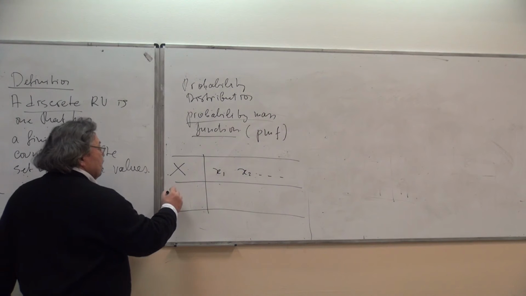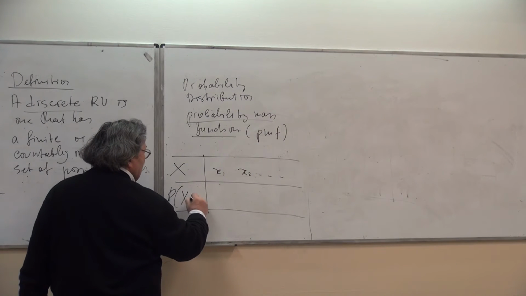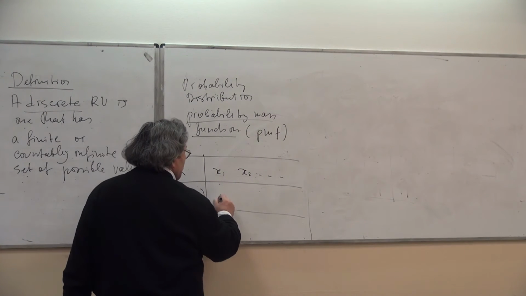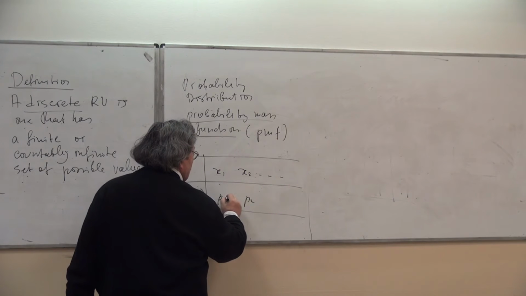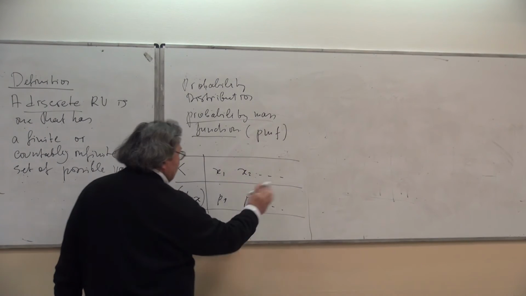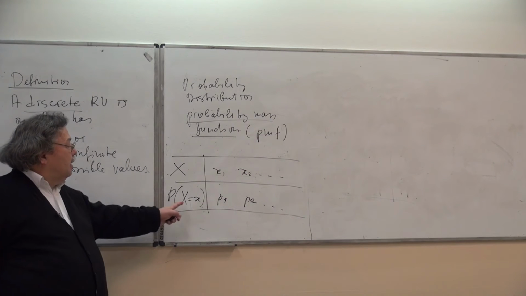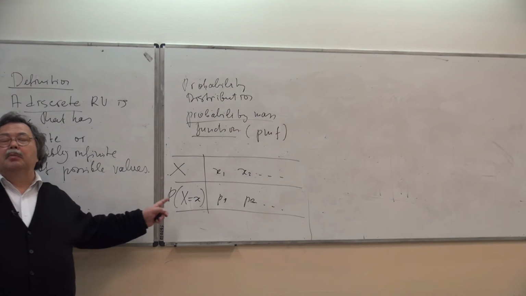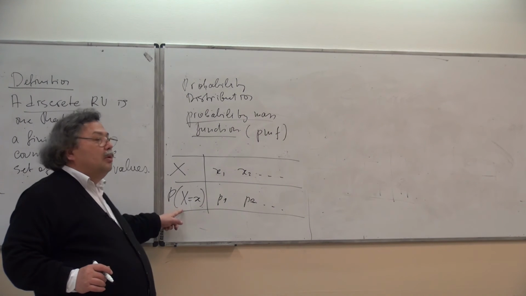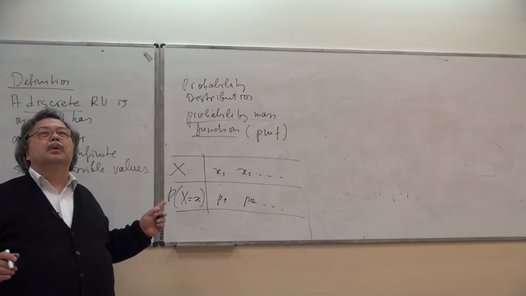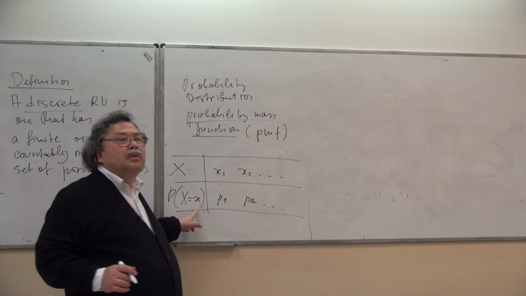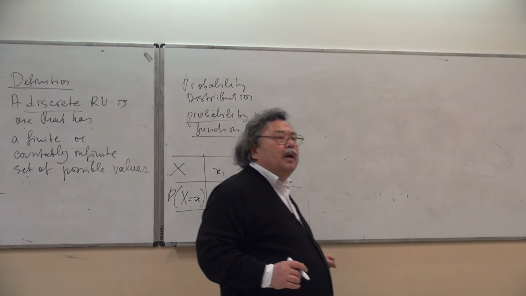And the second row gives us probabilities. By the way, there is a convention about notation. Capital Latin letters are used to denote the names of random variables, and lowercase letters are used to denote specific values.